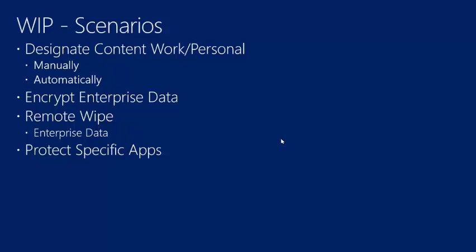So there are certain configurations you can introduce where apps that you have designated to be managed will know that when they're saving data or working with data located in certain places, that by default is going to be work data, corporate data. I'll give you an example real quick.